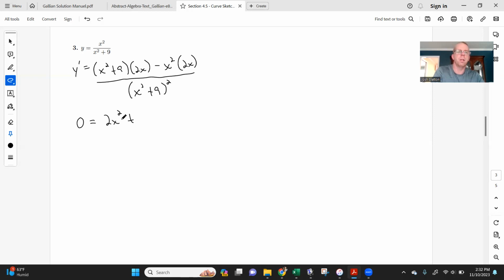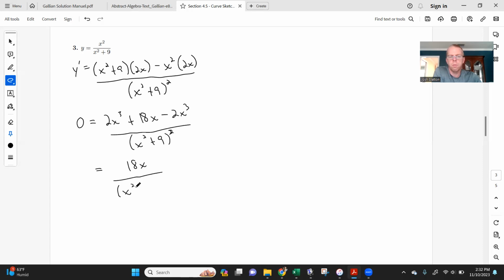Whoops, that is x cubed, plus 18x minus 2x cubed, all over x squared plus 9 squared. And then we have 18x over x squared plus 9.